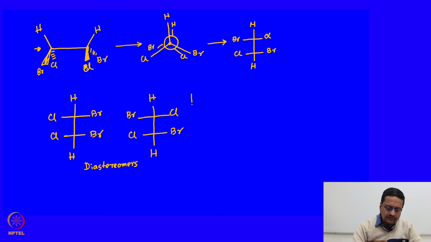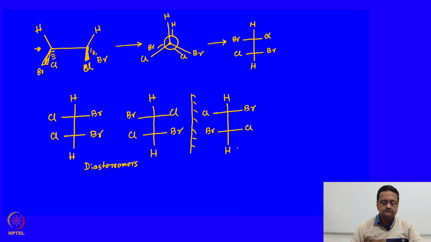This second molecule, if I draw the mirror image of that, what we would get is this one. These two are non-superimposable mirror images. So, these two are the enantiomers.